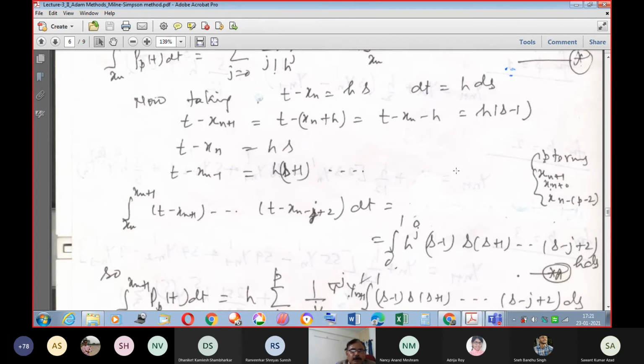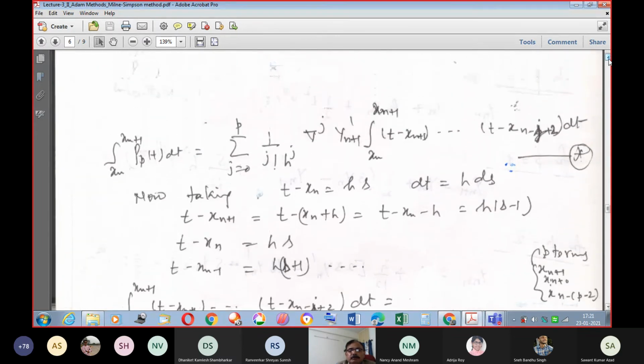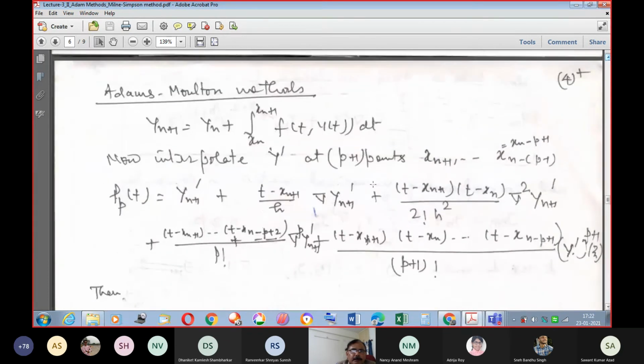So the first term, if you see, is this integral from xn to xn plus 1 dt, but dt is h into ds, xn to xn plus 1, that will change to 0 to 1.